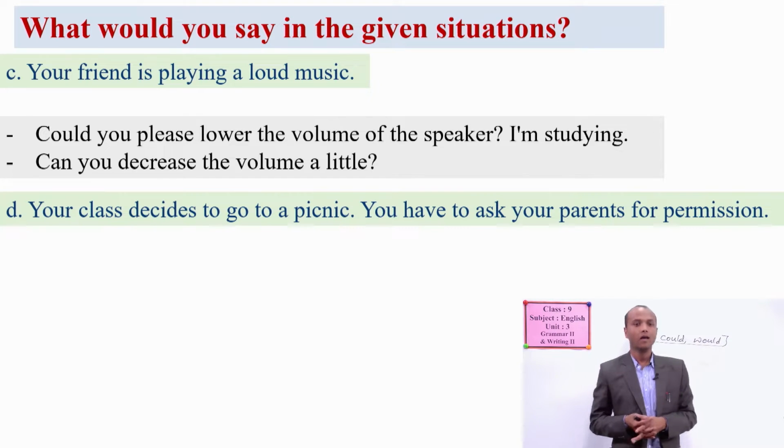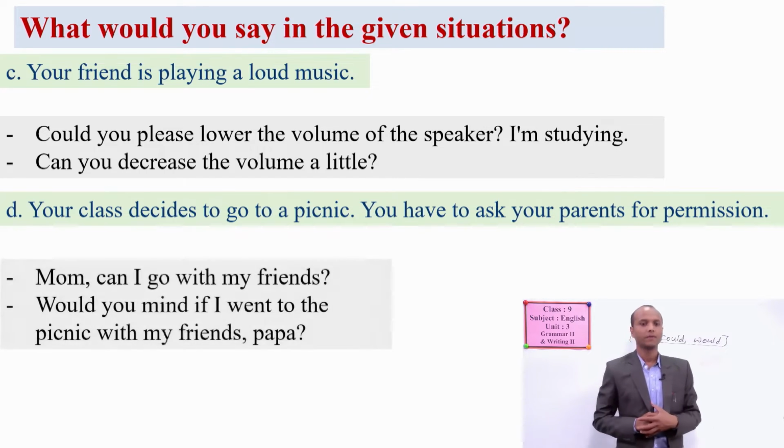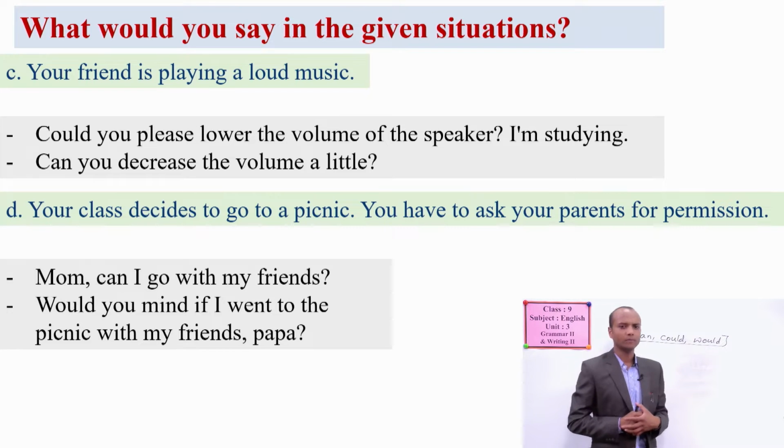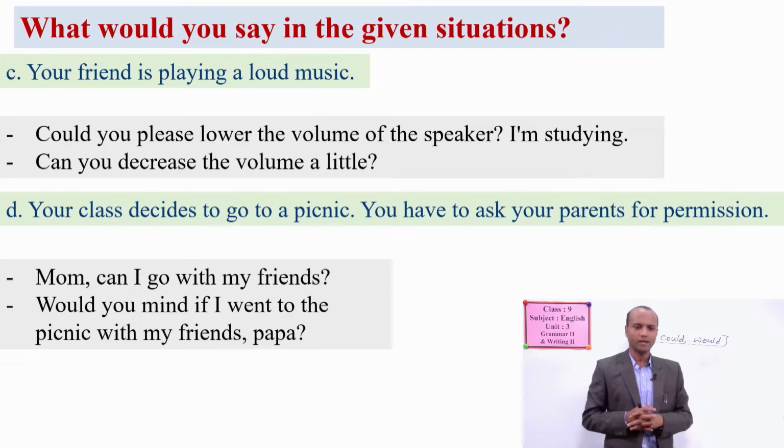Good. Please compare your sentences with mine. These are examples. Mom, can I go with my friends? She already knows that you are going to a picnic. That's why you say, Mom, can I go with my friends? Or you say, would you mind if I went to the picnic with my friends, Papa?